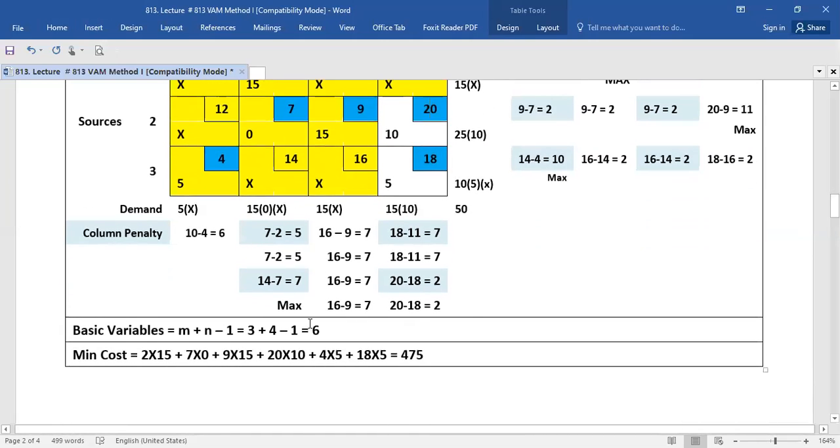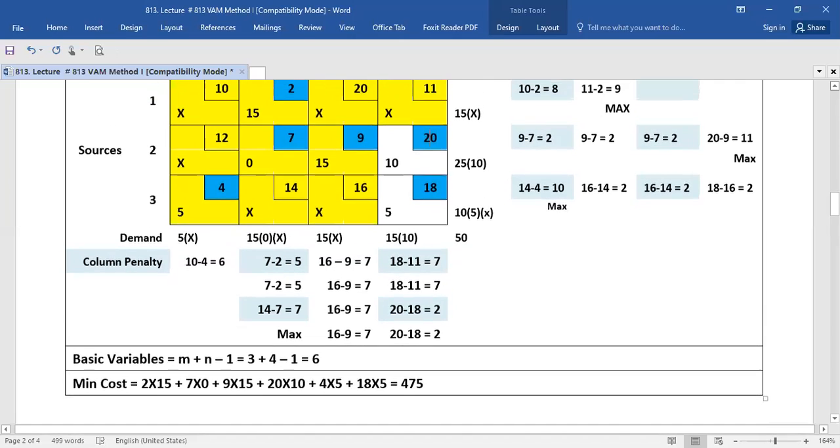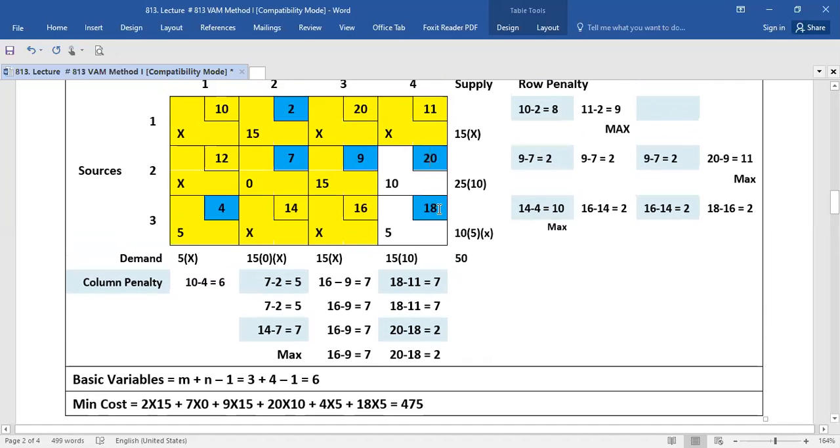There are 6 basic variables: m plus n minus 1, 3 plus 4 minus 1 equals 6, with 3 rows and 4 columns. 6 are the basic variables, and you see that 6 are the allocations. Here you count the blue cells: 1, 2, 3, 4, 5, and 6. These are 6 cells which have been allocated.